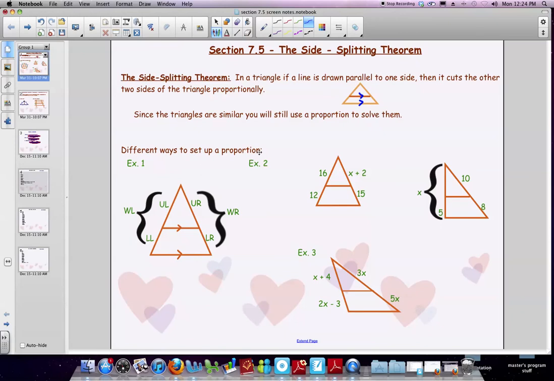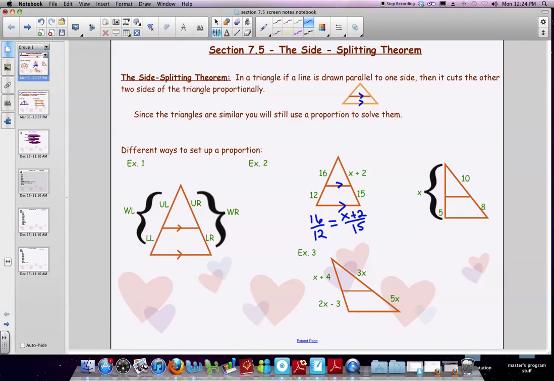There are different ways that you can set up a proportion to solve. For example, in this problem, since our lines are parallel, we would simply set up 16 over 12, the ratio of this over this, equal to that same ratio on the other side, x plus 2 over 15.